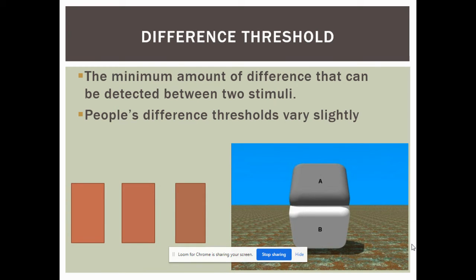Each and every human being's difference threshold is going to be different. Sometimes it's the background, sometimes it's the foreground, sometimes it's our positioning, sometimes it's just the relative stimuli around us that give us a moving target when it comes to the difference threshold. Typically, we see this a lot more with optics.